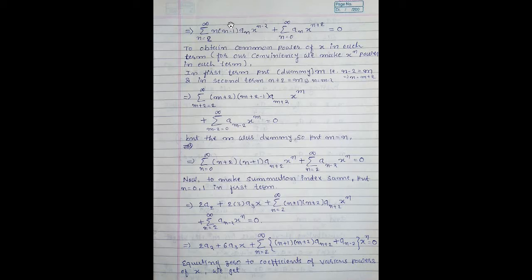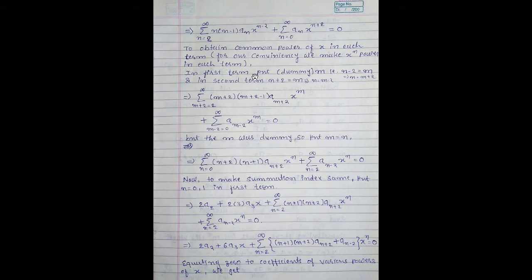So first term is as it is, but in second term outside summation we have x raised to 2. So we take x square inside the summation. So the second term becomes summation n from 0 to infinity a n x raised to n plus 2.